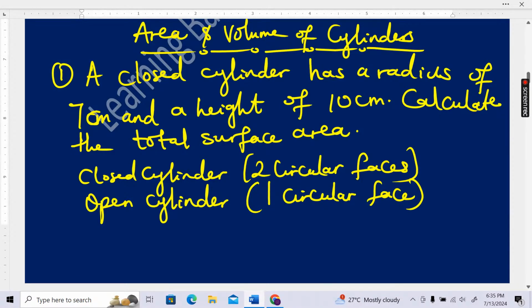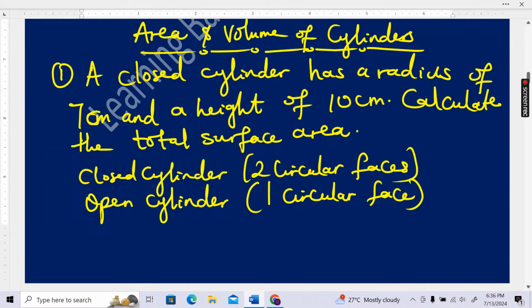When you have a tin of Milo that has not been opened before, maybe a new tin of Milo, that is an example of a closed cylinder. It is closed at the top and at the bottom. The top and the bottom are the circular faces.